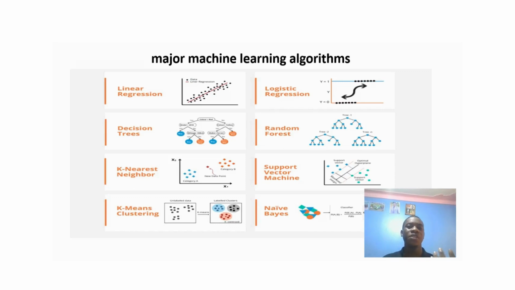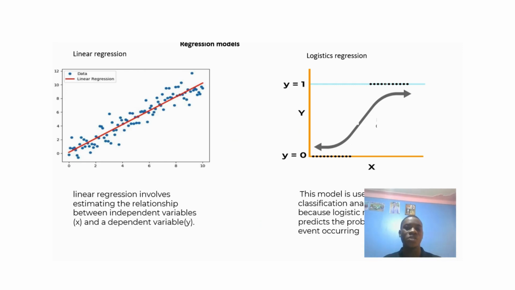So there are different machine learning algorithms, for example, the ones I've talked about, and henceforth I'm going to go through each of them and put more light on how they work. I'll begin with the regression models.